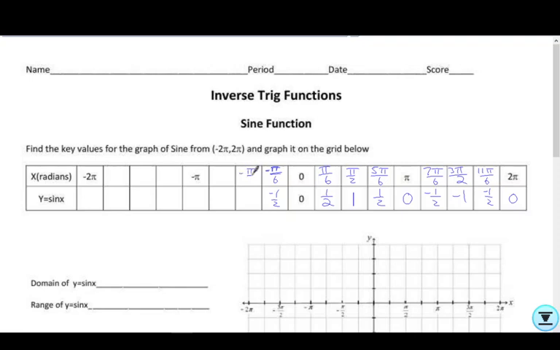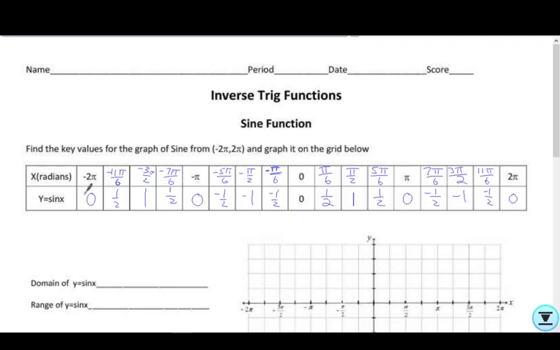And at negative pi over 2, we're at negative 1. And at negative 5 pi over 6, we're at negative 1/2. Negative pi, 0. Negative 7 pi over 6, 1/2. Negative 3 pi over 2, 1. Negative 11 pi over 6, 1/2, and negative 2 pi, 0. Okay, so here is our chart.